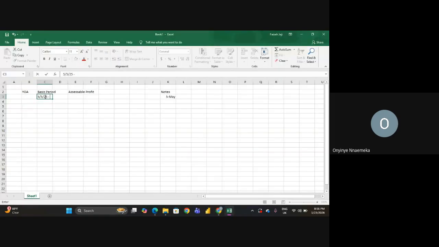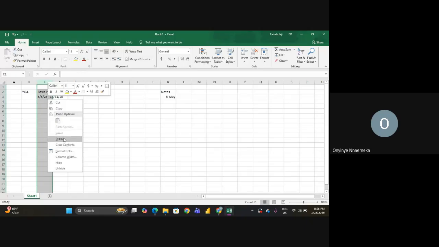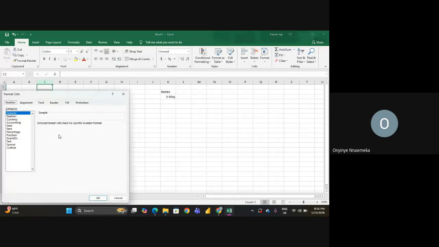So December 31st will be 12/31/2025. Let me change this to date so that it's easier for us to see.